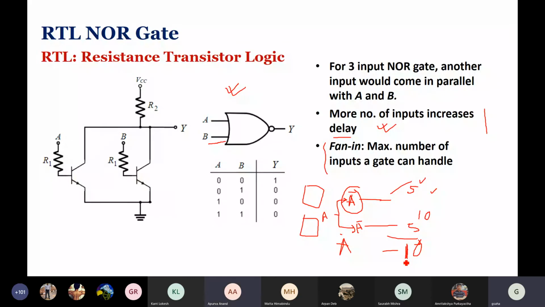The cost of the devices combined would increase very much if there are more inputs. Cost will increase, the size will increase, and the number of components will increase, and miniaturization will suffer. But you have to deliver. If 10 are to be connected, this A bar has to be delivered to 10.